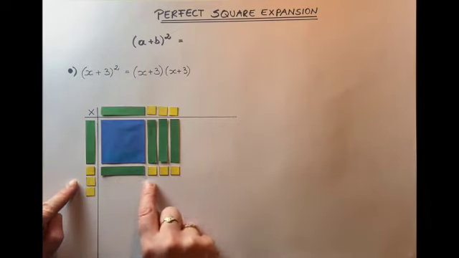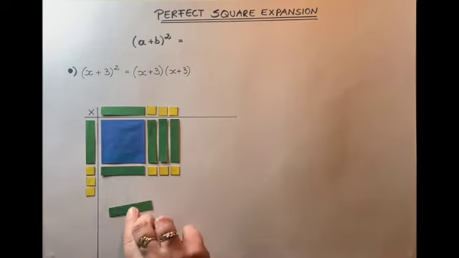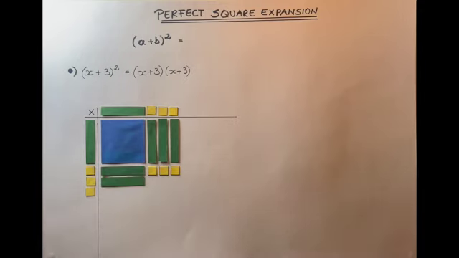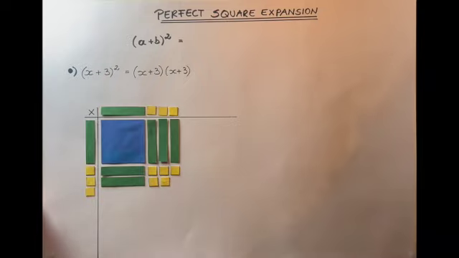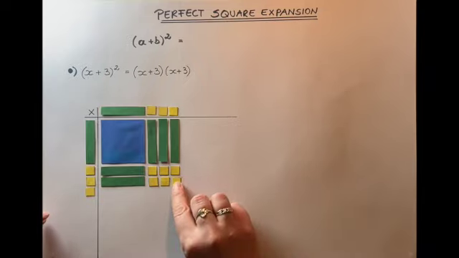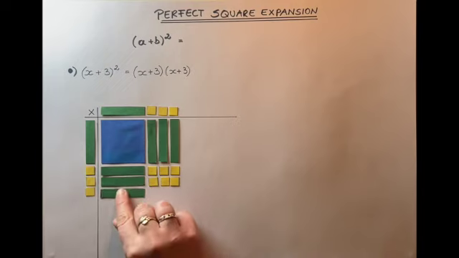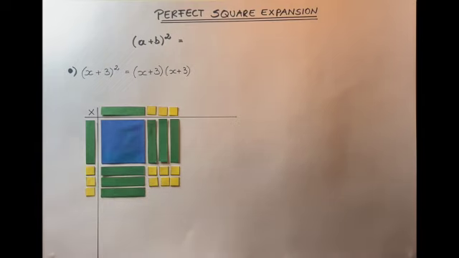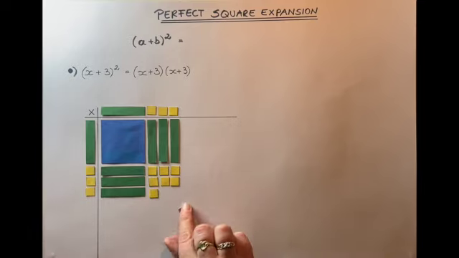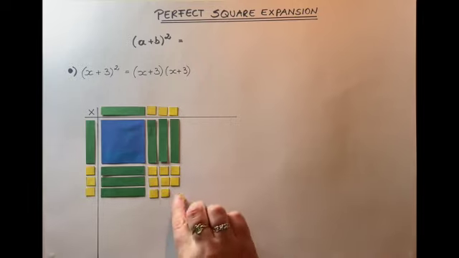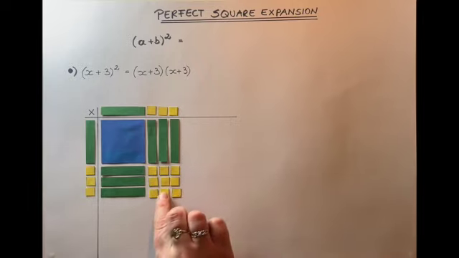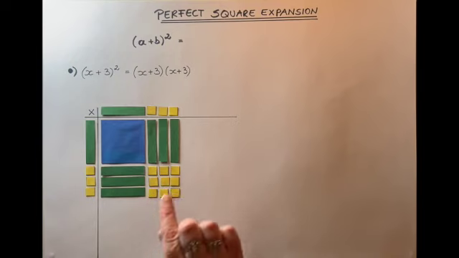You have 2 more rows that are exactly like this. So there we are with our product.